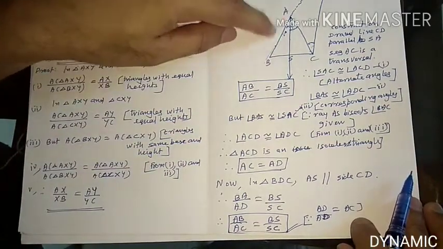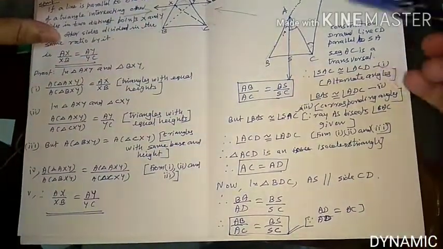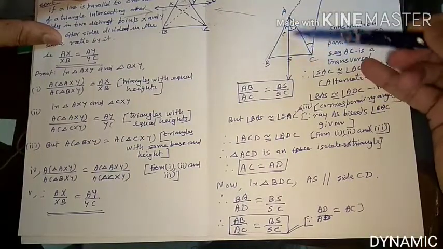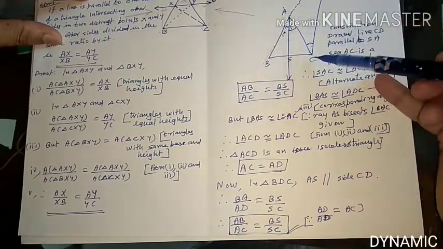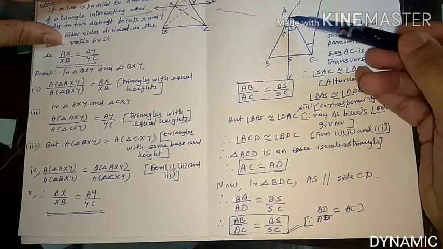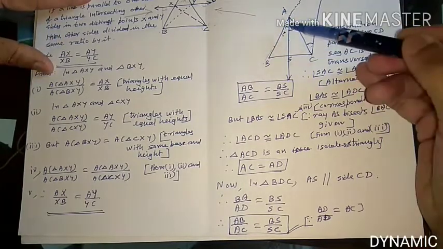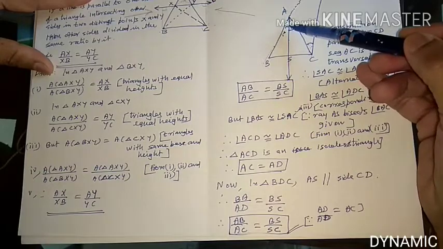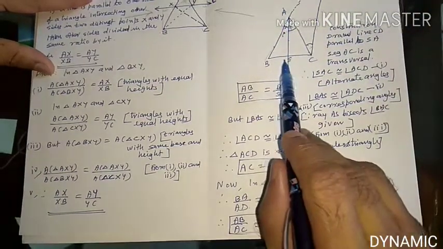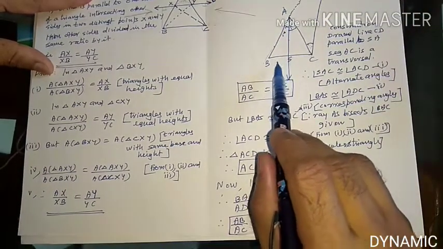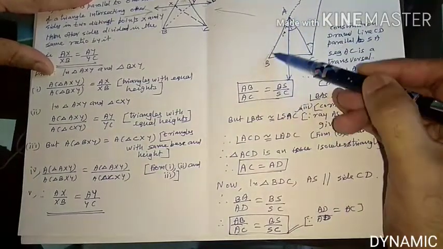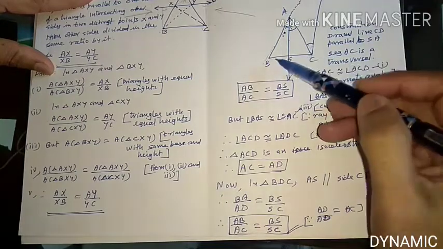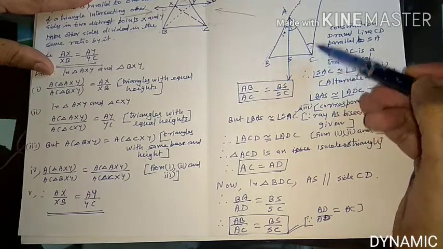If an angle is bisected, then the ratio of the sides of that angle is equal to the ratio of their corresponding opposite sides, meaning AB upon AC equals BS upon SC.